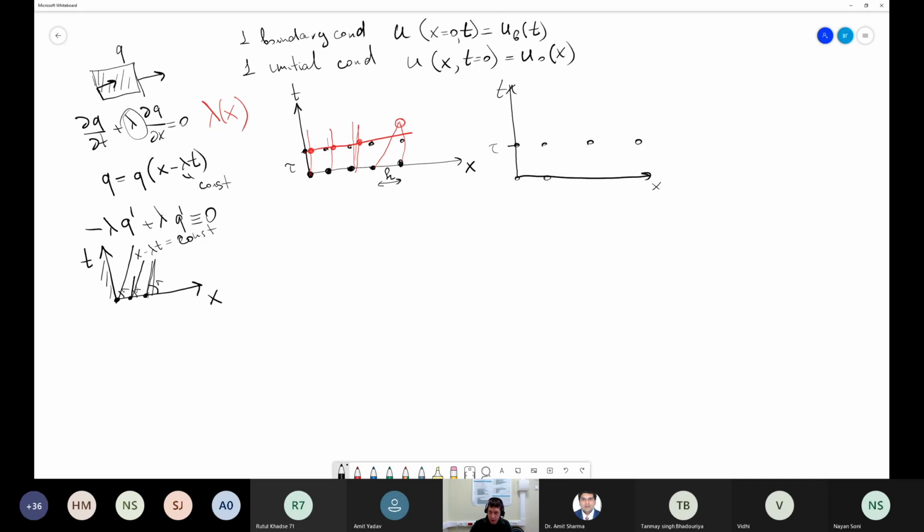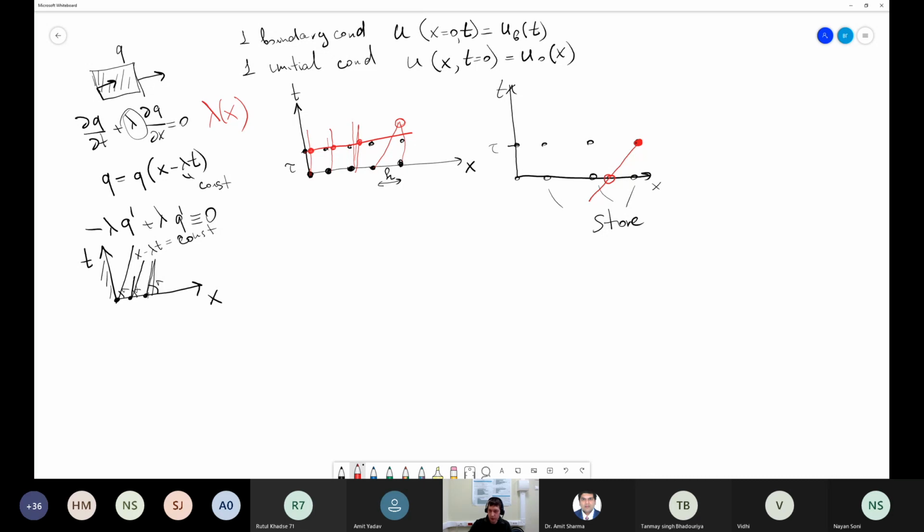We store values here. And what if we want to calculate a new value at this node? We go back along the characteristic curve, and we set the time step small enough for the foot of the characteristic to be between two neighboring nodes, and we know that the solution here will be the same as the solution was previously, but at another position.